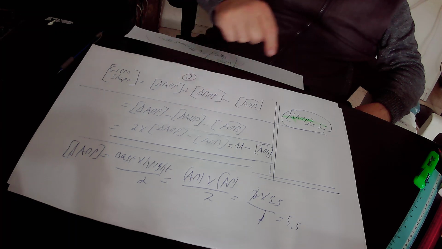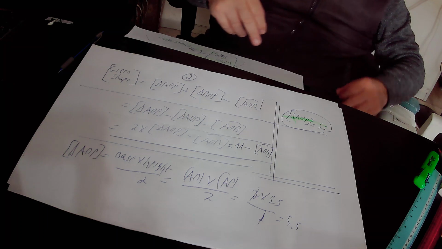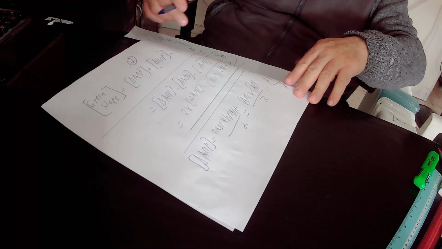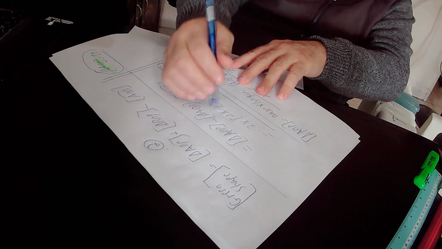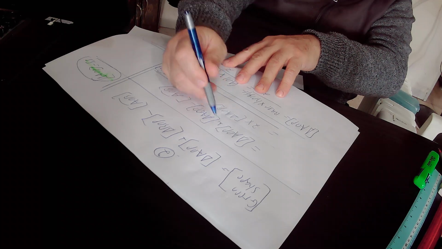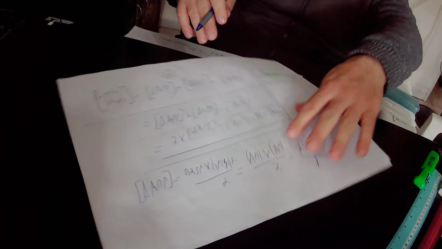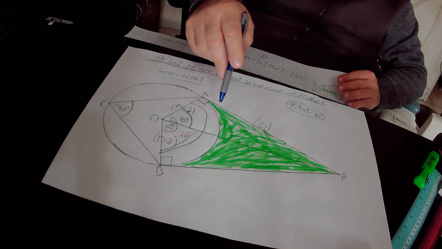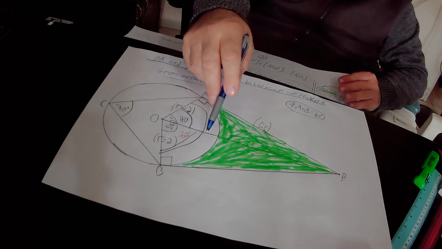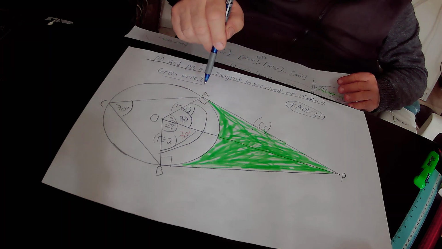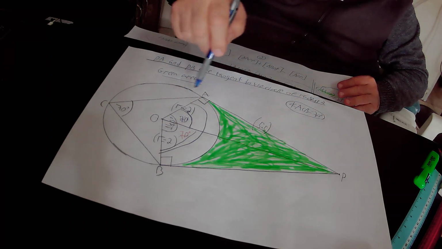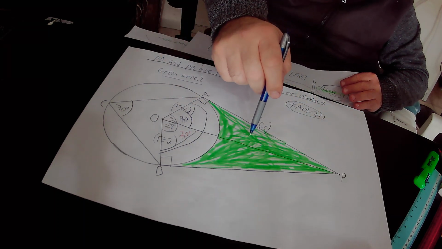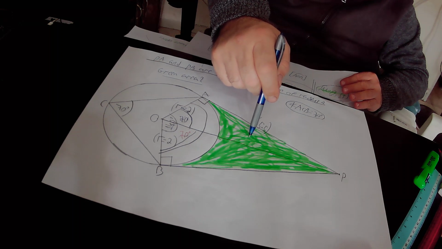So it is the area of the upper right triangle AOP plus the area of the upper right triangle AOP minus the area of sector AOB. Again, the sum of the areas of those two right triangles will give us the area of this quadrilateral AOBP, and the area of quadrilateral AOBP minus the area of this sector AOB will give us exactly the area of this green shape.